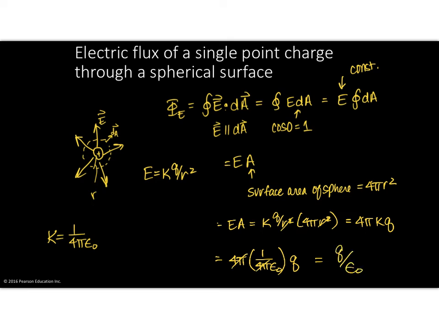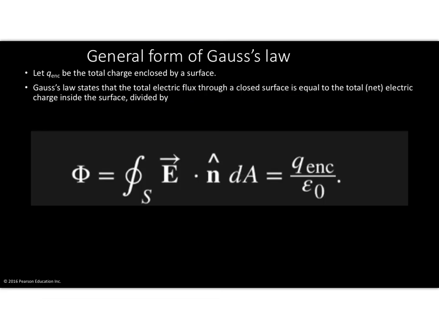This is actually the general form of Gauss's law. We found that the total electric flux through that surface was equal to Q over epsilon naught, where Q was inside the surface. And this is what we call Gauss's law. We did it for a special case, but it's actually true in general.